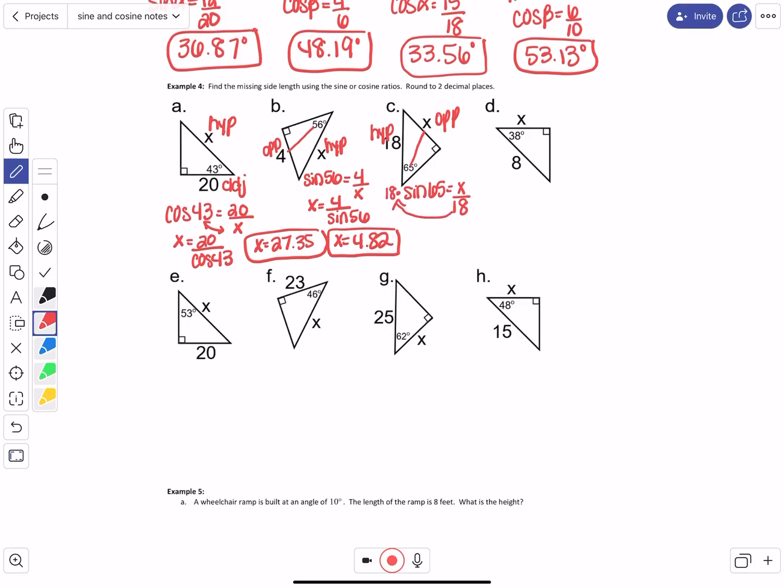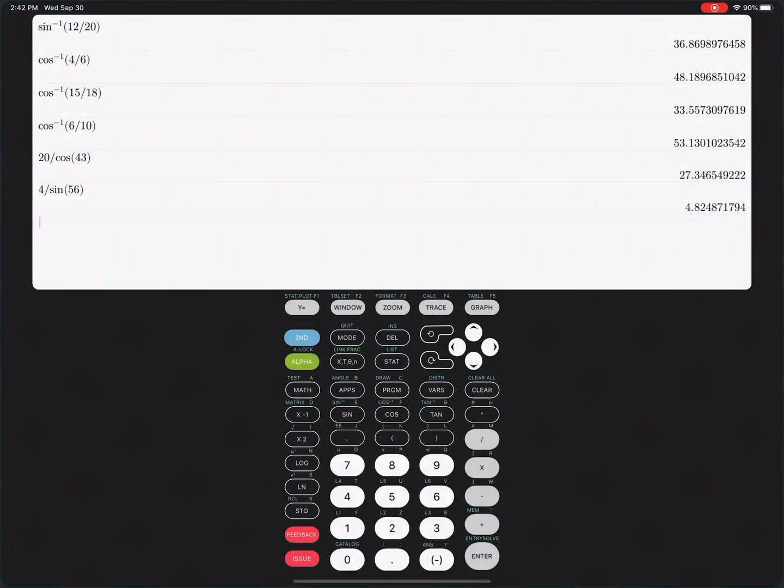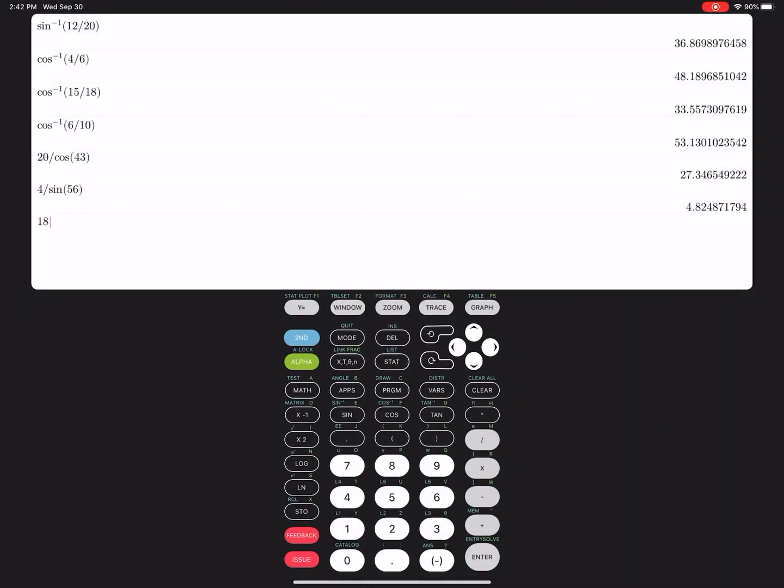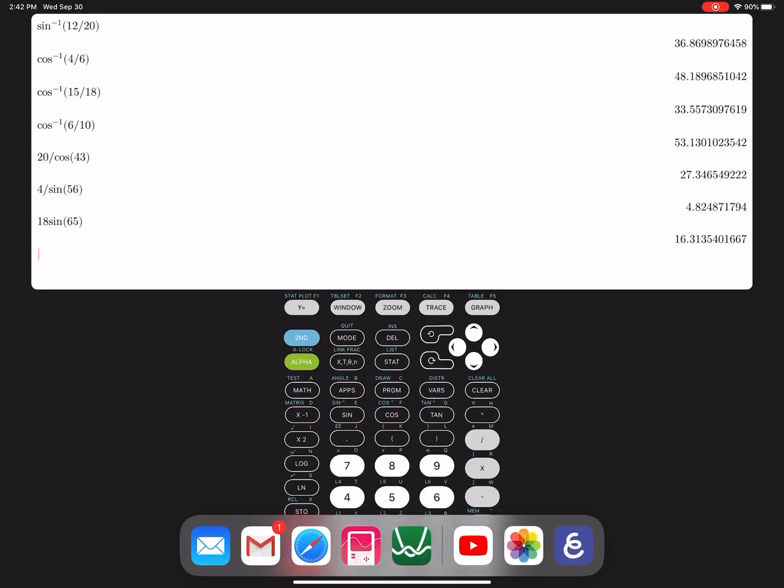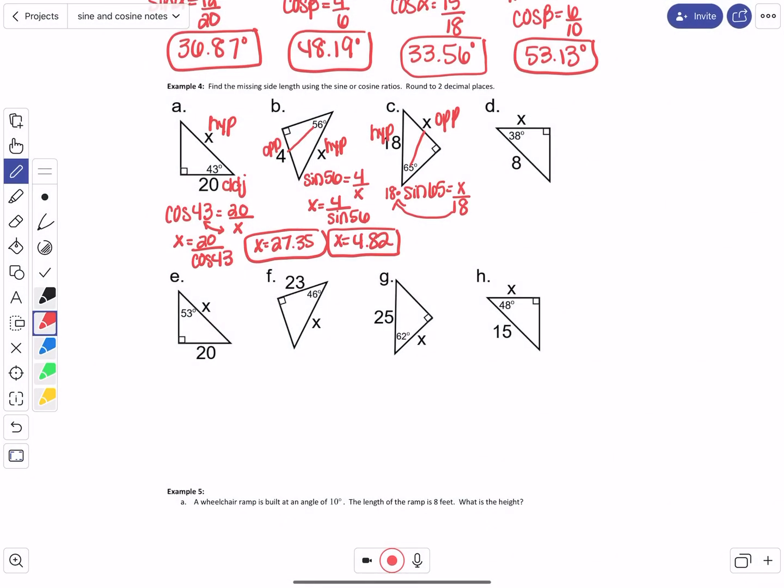And all I have to do this time is 18 times sine of 65. And notice I didn't even have to hit the multiplication key. I can just hit 18 sine 65. And that gives me 16.31. So 16.31 is my x.